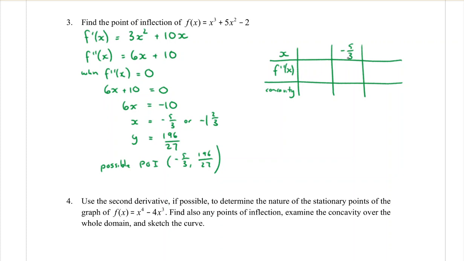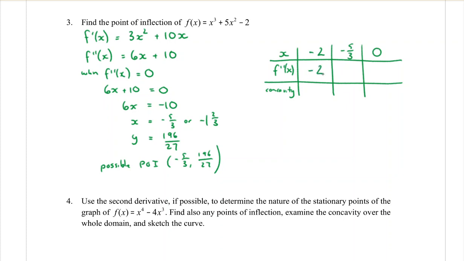Something smaller than that would be negative, you want to go -5, did you say? You could. -2 is where I went. Something bigger, I went with the easy option. I went with 0, good, easy to substitute in. If you sub -2 into the second derivative, it's minus 12 plus 10, so it's -2.